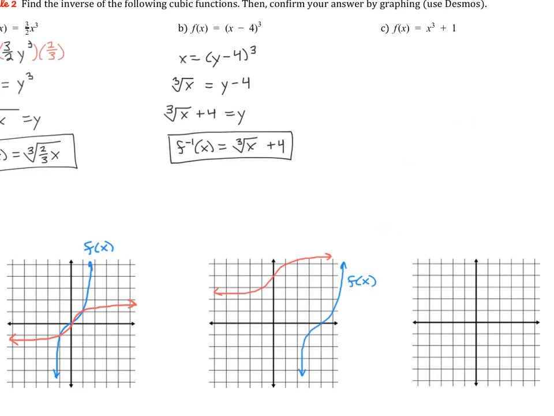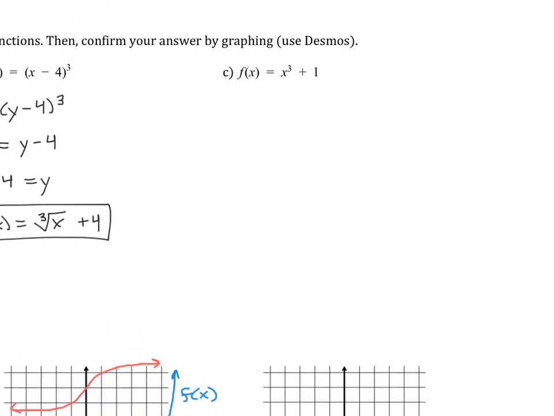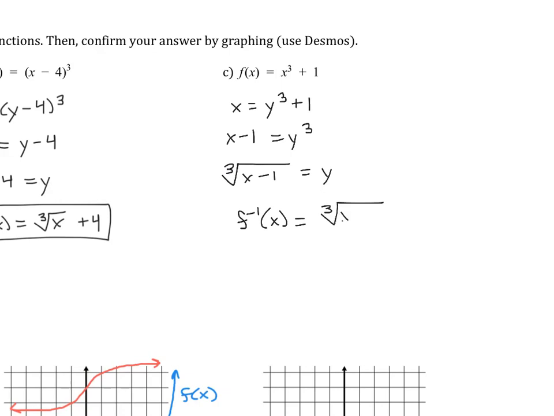All right, let's have a look at part C. Again, our first step is always to swap x and y. And now to solve for y, we can start by subtracting 1 from each side. And then we're going to take the cube root of both sides. Here we're taking the cube root of the entire left side and right side. So our inverse function should be the cube root of x minus 1.